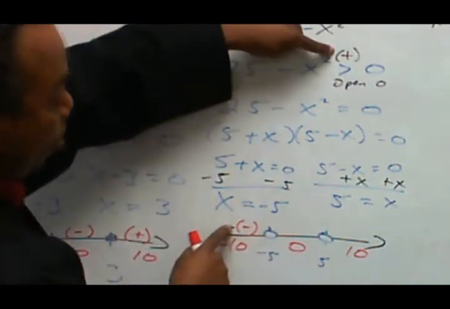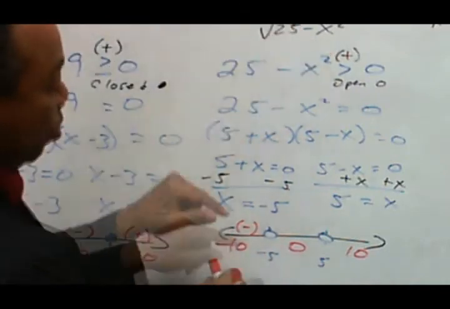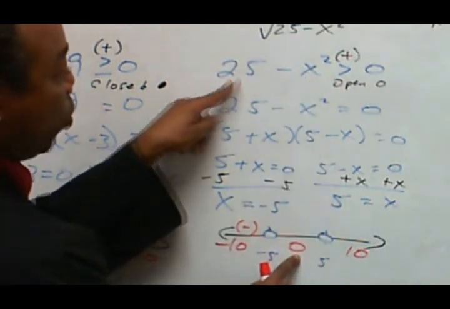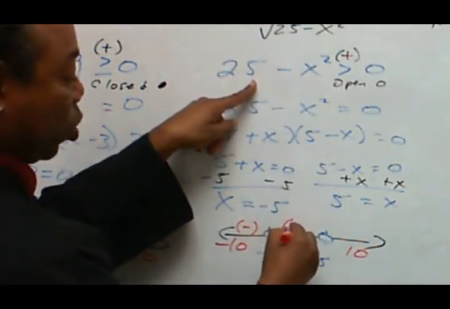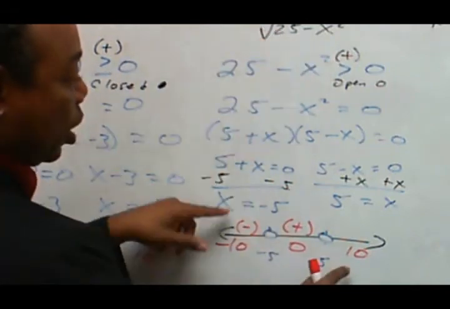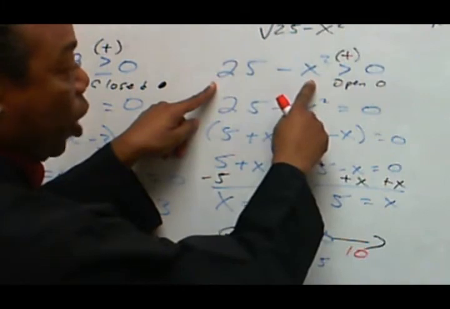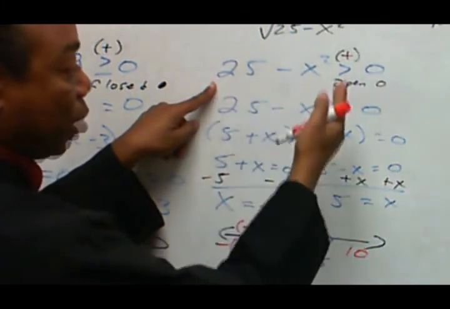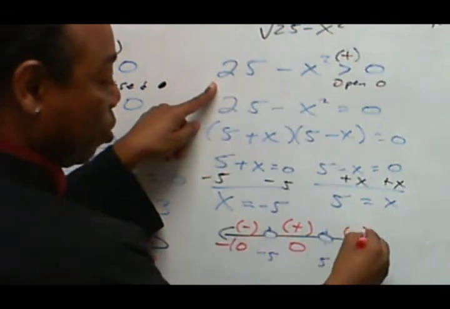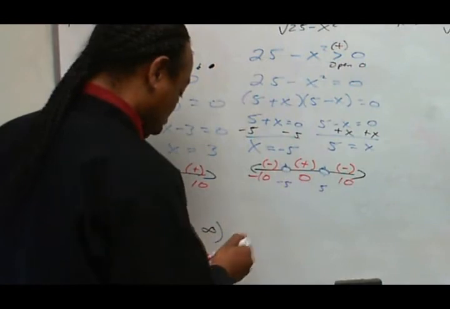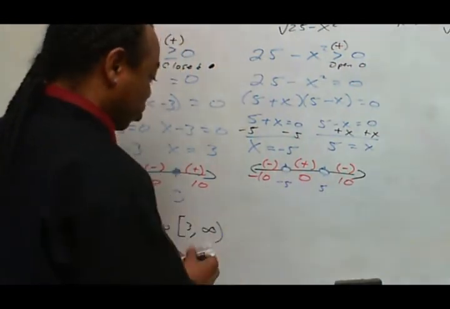And this portion cannot be used because we're looking for positive. 0 squared will be 0, and 25 minus 0 is positive. This is good because this matches what we're looking for. 10 squared is 100, so negative 100 with a positive 25 is negative 75. That's negative. So the only portion that's going to be positive is this right here.